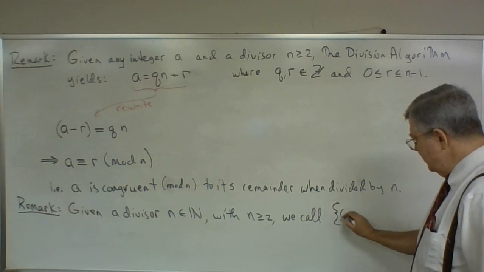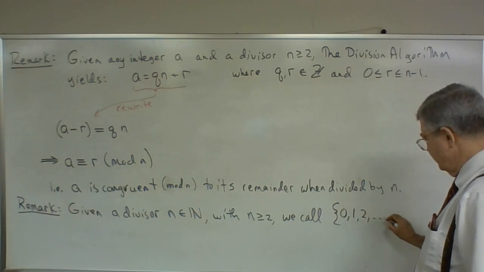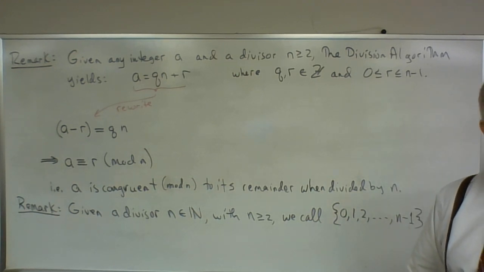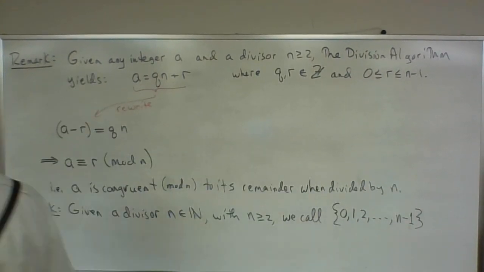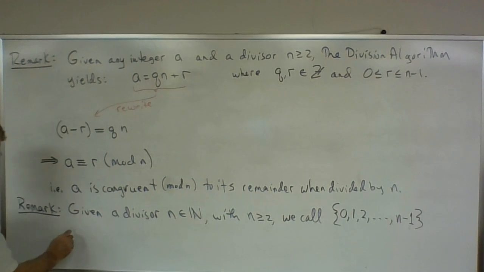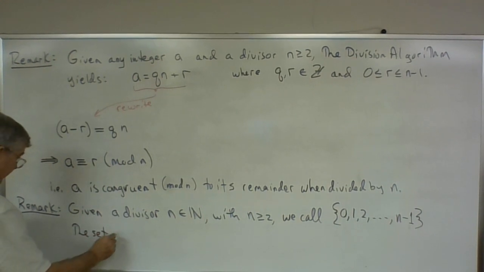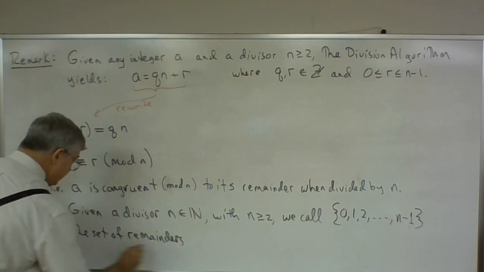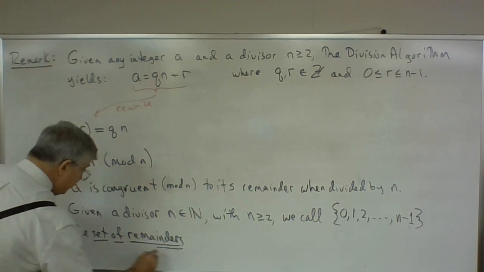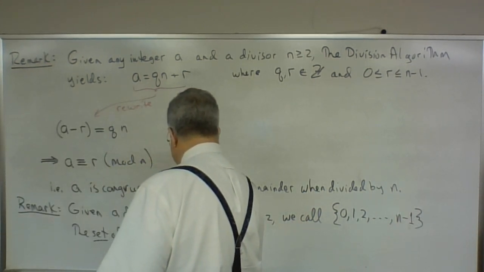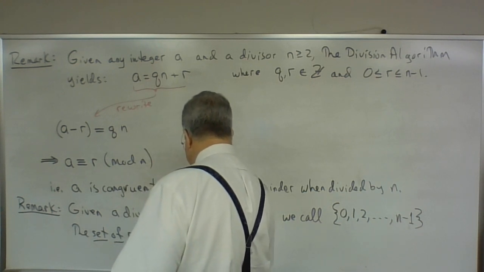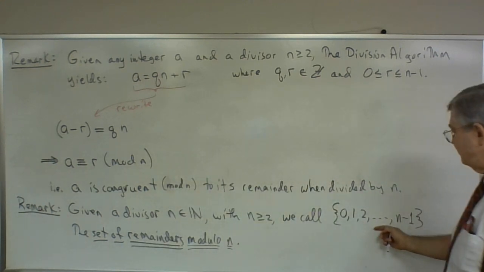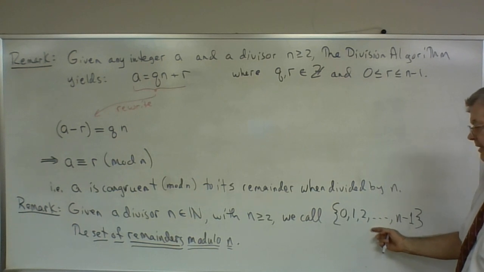We're going to define the set of remainders. So this set is the set of remainders modulo n.